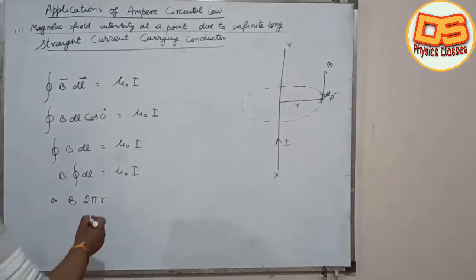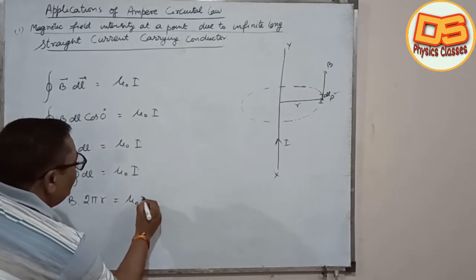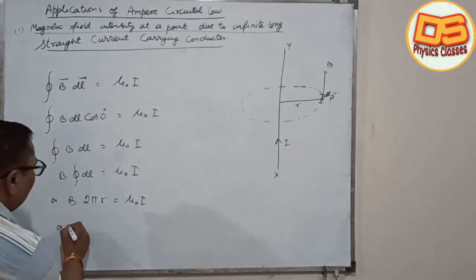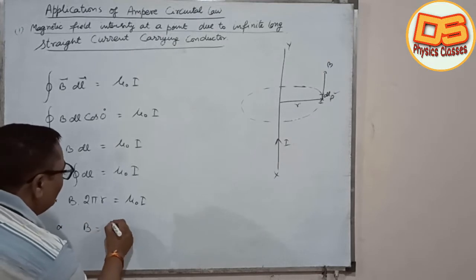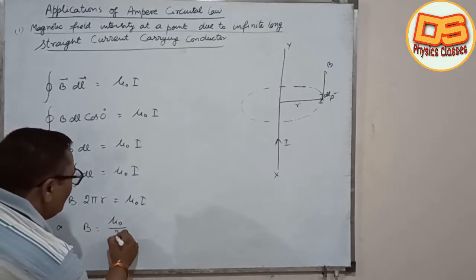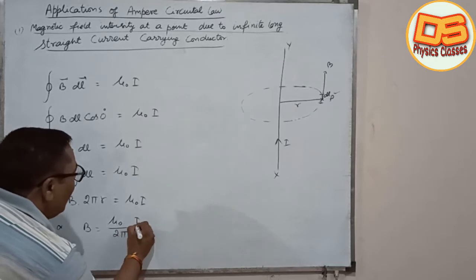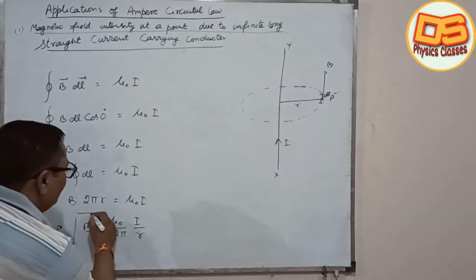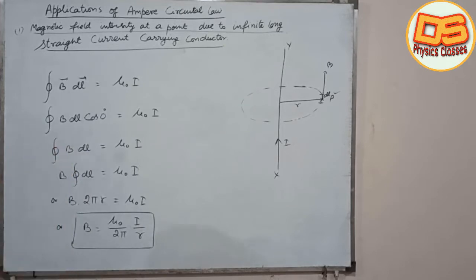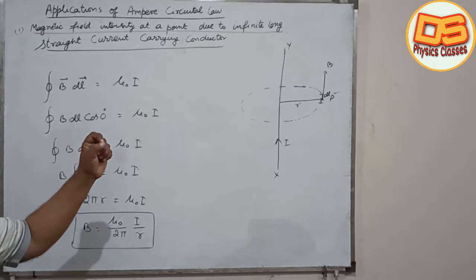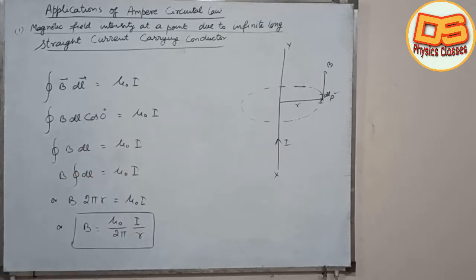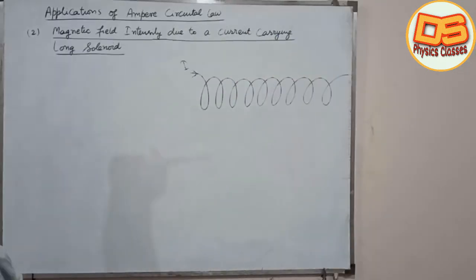So B times 2 pi r is equal to mu 0 I, or B is equal to mu 0 upon 2 pi, I upon r. This is the magnetic field intensity at a distance r from an infinitely long current carrying straight conductor. Clear?